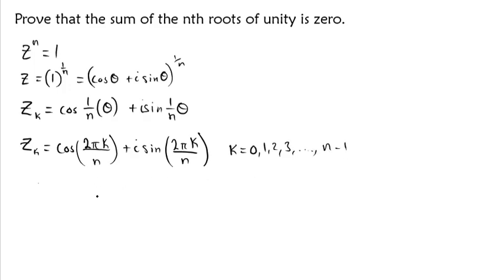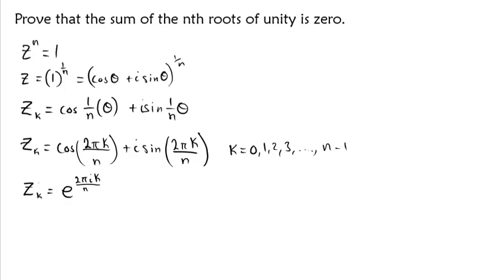Now, in exponential form, zk can be written as e raised to the power 2 pi ik divided by n. So that's how we present it in exponential form.